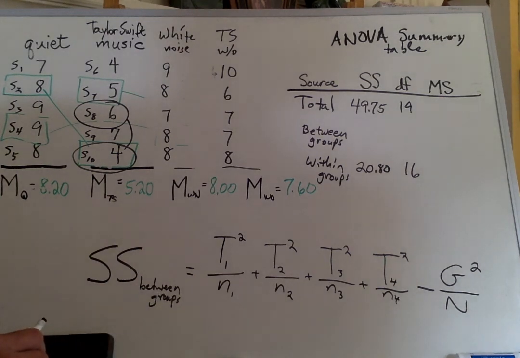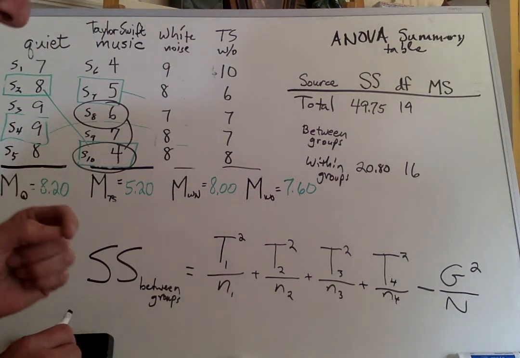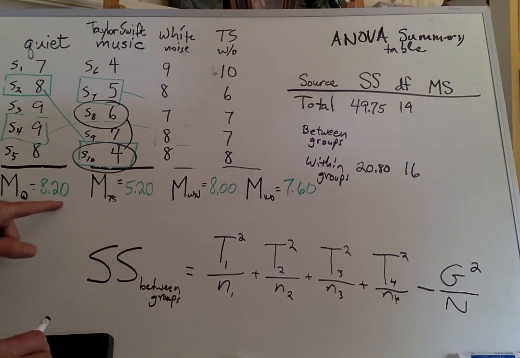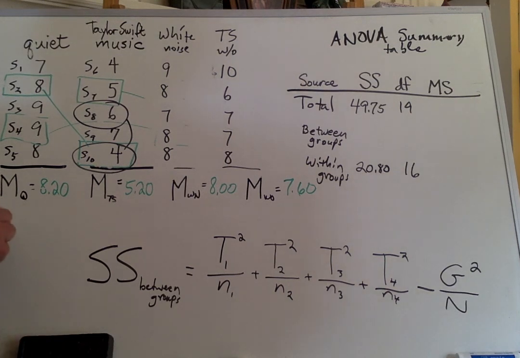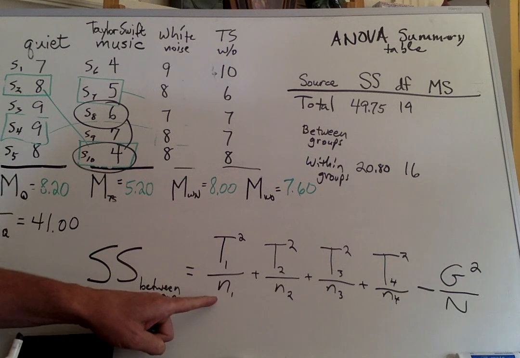So what's the total here? Now, please, this is the most common mistake, and it will mess you up in your analysis. This is not the total. This is the mean. The total for group 1, let's do the Q group, is 41. So it's 41 squared over 5.